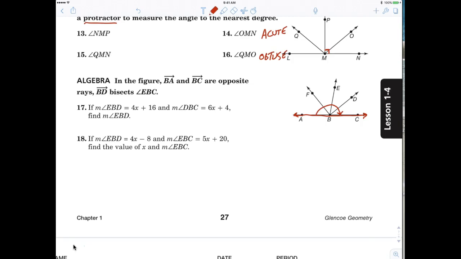Remember what I said, 360 degrees is just some random number that the Babylonians decided to choose because 360 has so many numbers that can go into it. It's something people just made up.